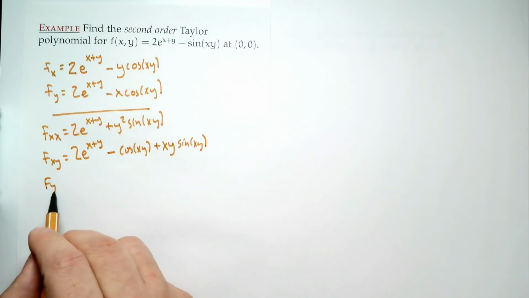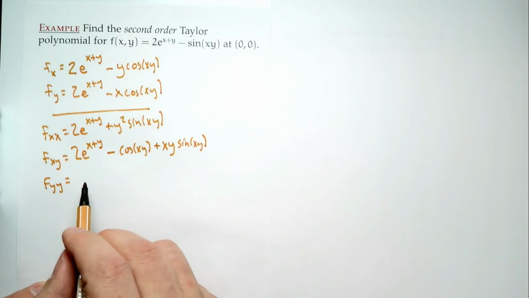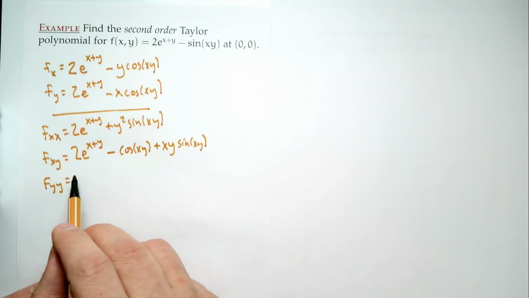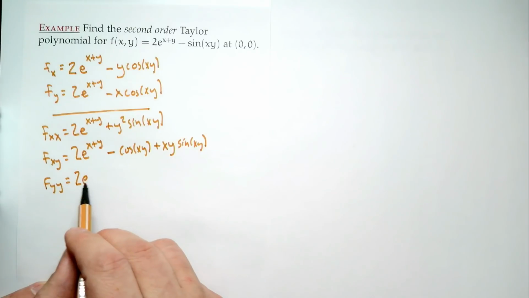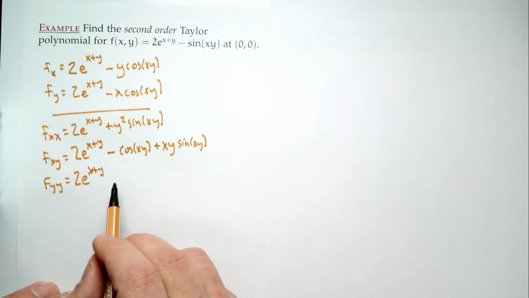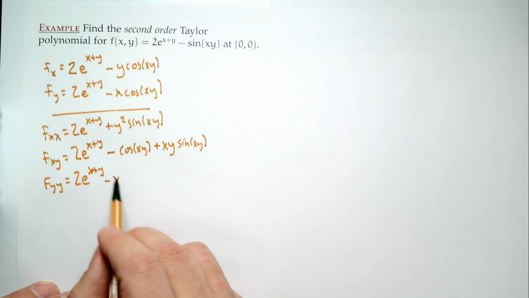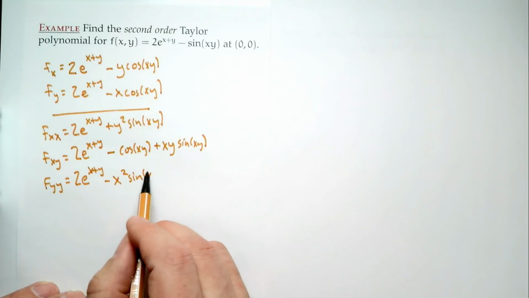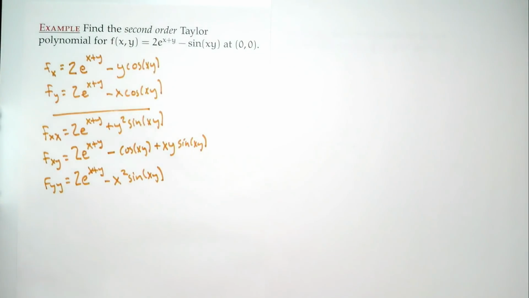Okay, fyy is 2e to the x plus y and x squared sine of xy. Okay, good times. All right, now, what comes next?